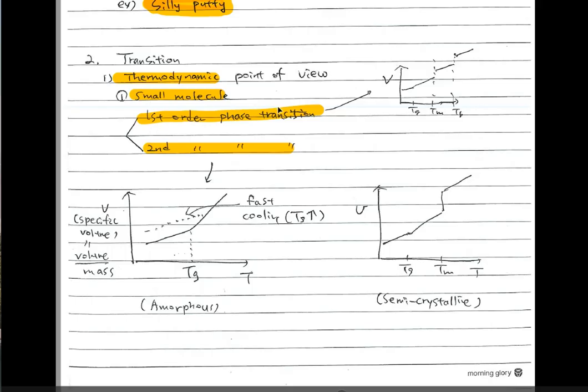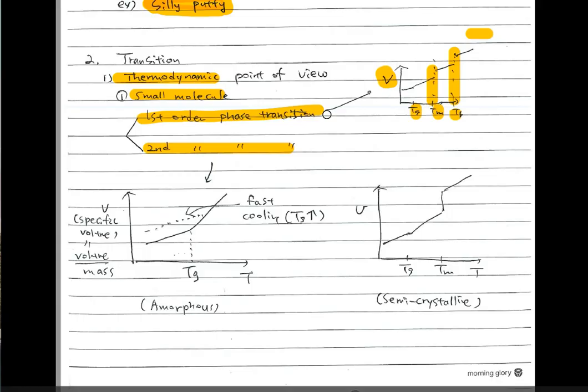We have learned about first order phase transitions, including melting and boiling. Remember, for example, if you plot the volume as a function of temperature, at the melting point, volume abruptly increases, right? And at the boiling point, it also abruptly increases the volume of the specific material, right?